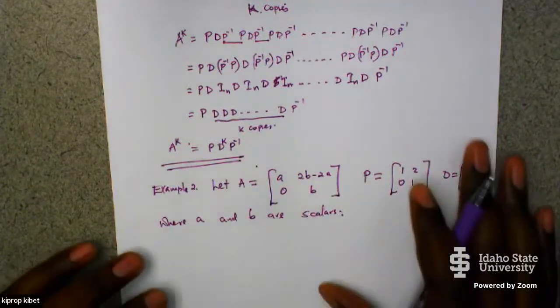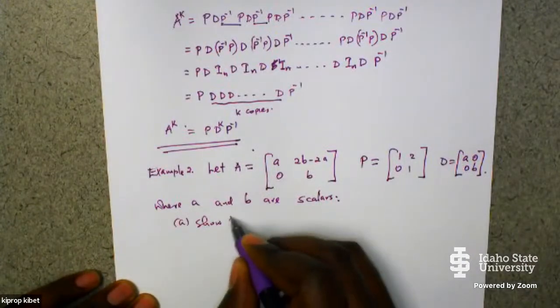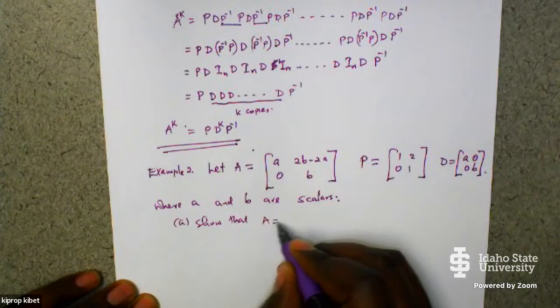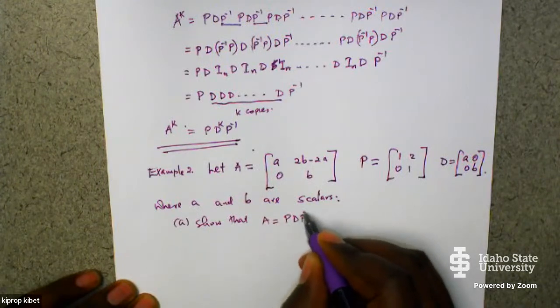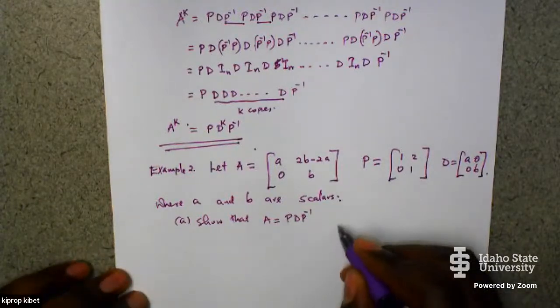Now, part a: show that A equals PDP inverse. We have our D and P here. What we need to do is find the P inverse.